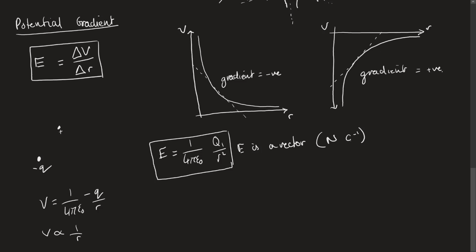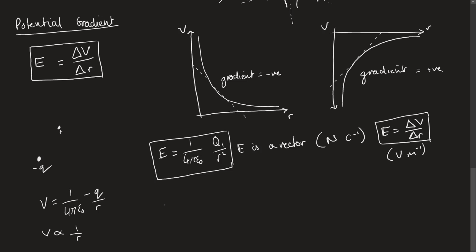We can also say that the electric field strength could be measured as delta V over delta R, still a vector, but now we could measure it in volts per meter, because V is the potential measured in volts, and R is the distance, measured in meters.